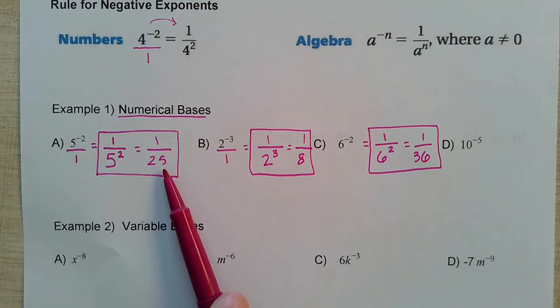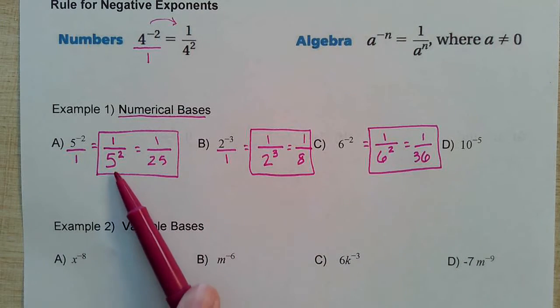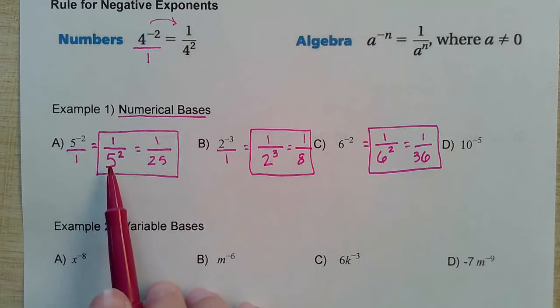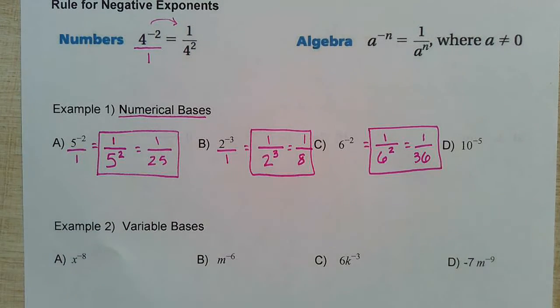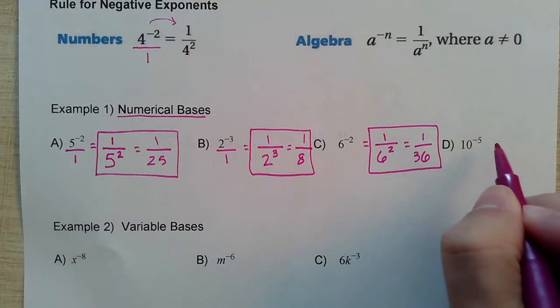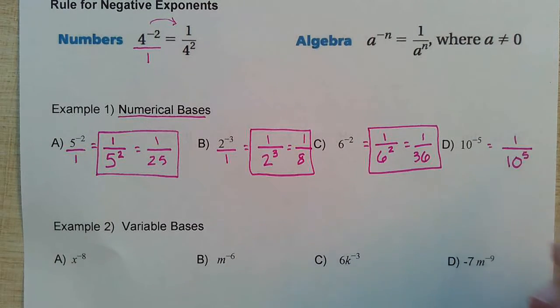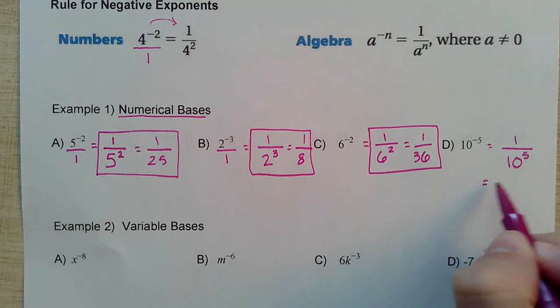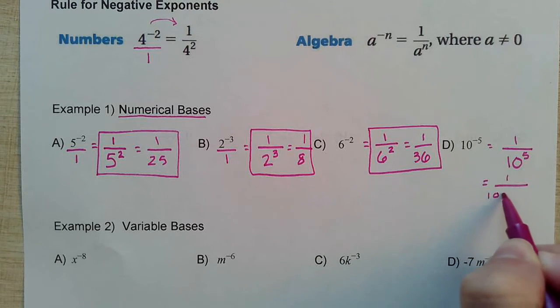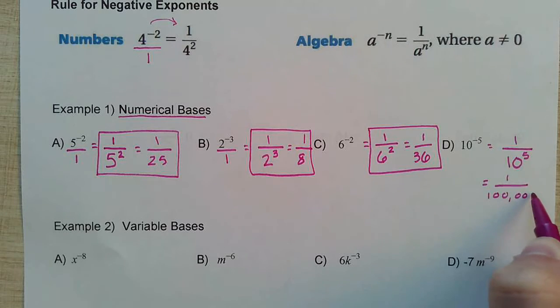This is taking it one step further and simplifying from the exponent, which we can do when we have a numerical base. In our last problem, 1 over 10 to the power of 5, which we could also say is 1 over 100,000.